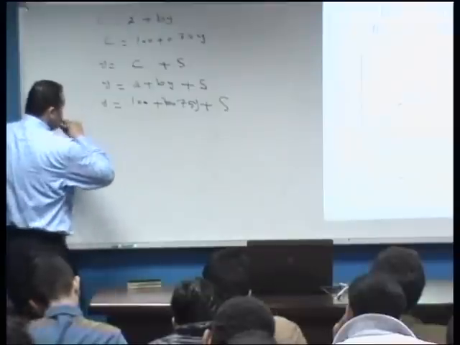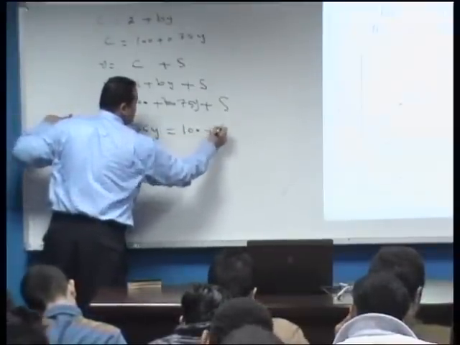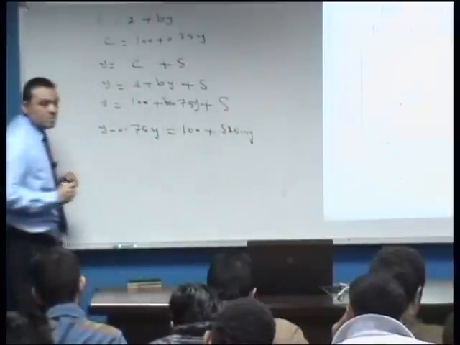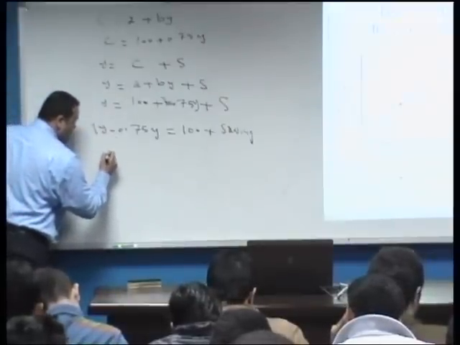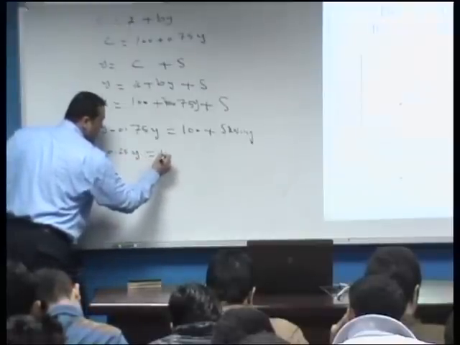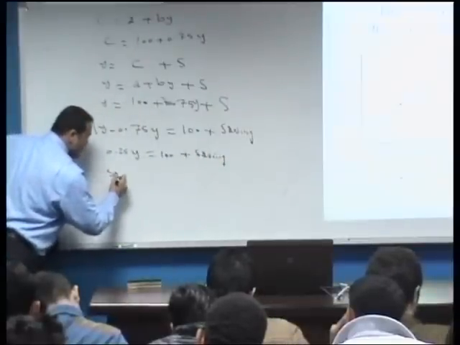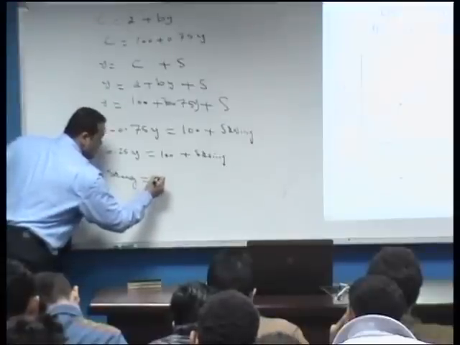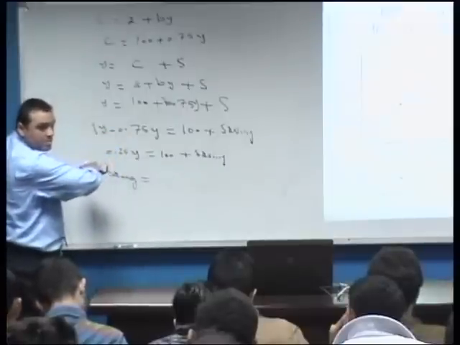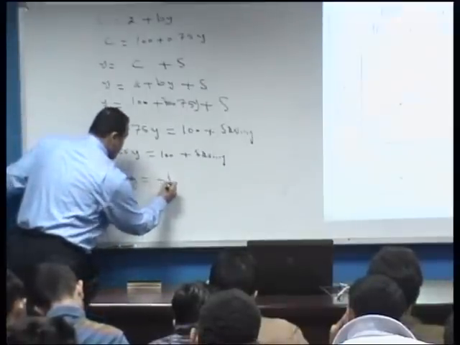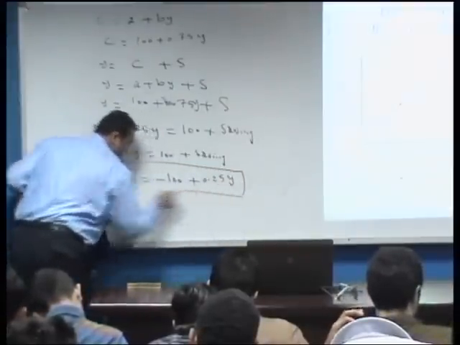What do we have now? Y minus 0.75Y equals 100 plus saving. This is 1Y, so 0.25Y equals 100 plus saving. So saving equals minus 100 plus 0.25Y, right?